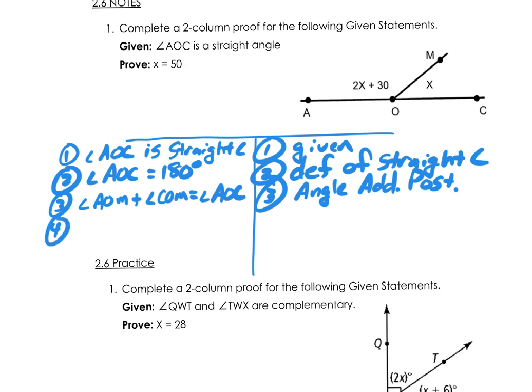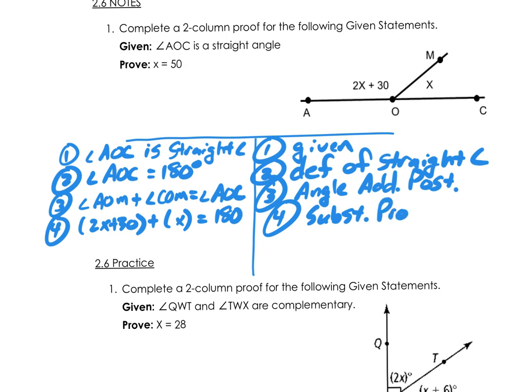So AOM is 2x plus 30. COM is x. Equals 180. And all we did there was substitute the values in for the angles.